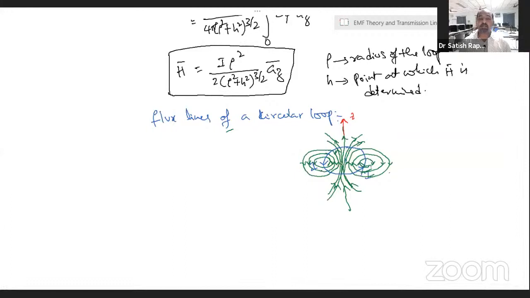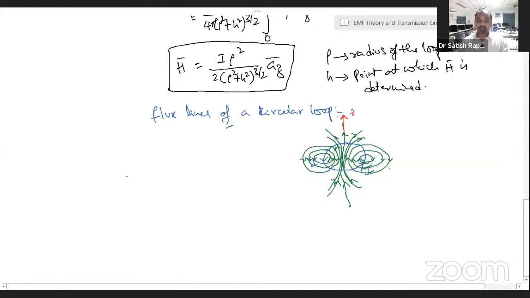If you hold the circular loop in your hand, the thumb shows the direction of the current, and the remaining fingers give the direction of the magnetic field lines as shown in the figure. If the current is flowing in the anti-clockwise direction, the direction of the magnetic field is z. That is what we discussed in our last class.